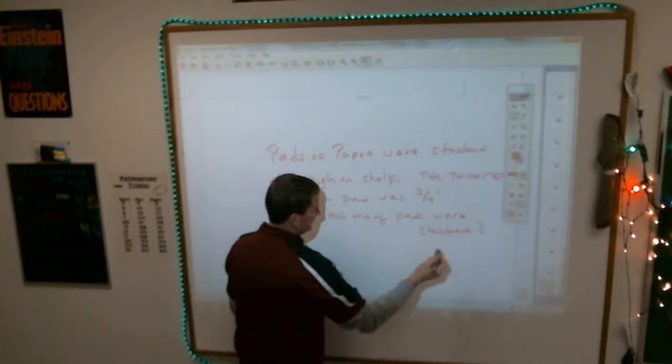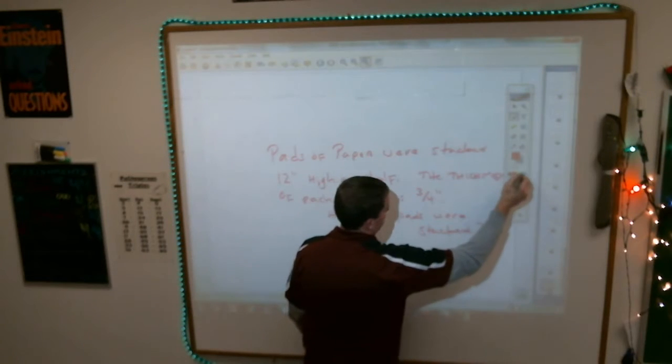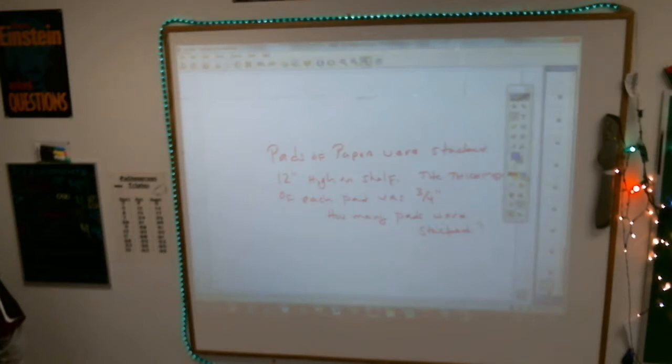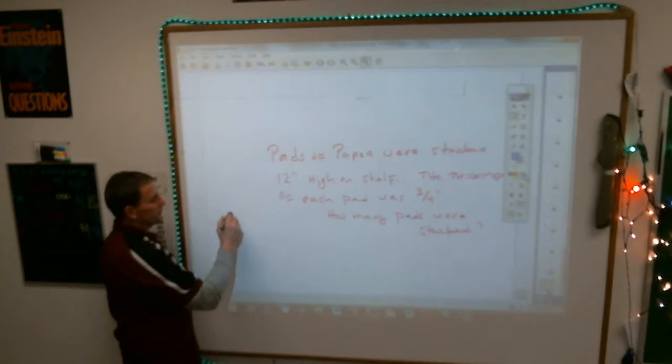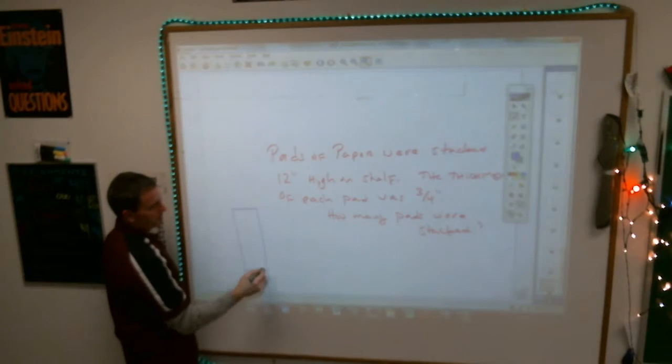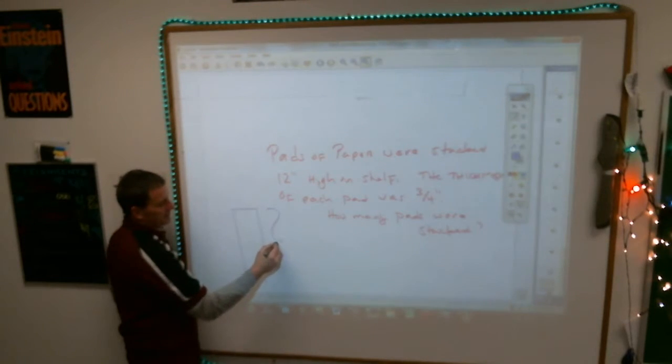This, by the way, would be a tough problem actually for many adults. I'm just going to tell you that. But you, being wise beyond the age of 6th graders, would know, Wade Davis, that the first thing you need to do is write down the problem. No, I don't expect you to write everything. Yeah, sketch it out. So what does my sketch look like? Well, you know you've got a 12-inch high stack of papers, or pads, I guess they are.